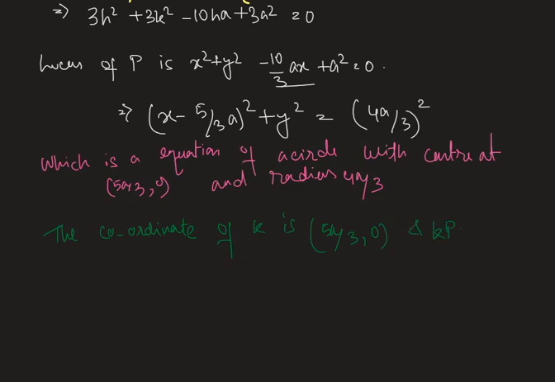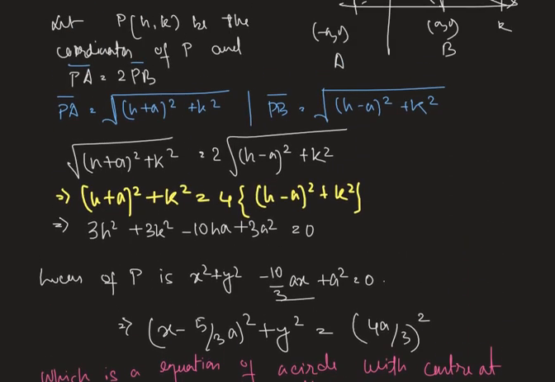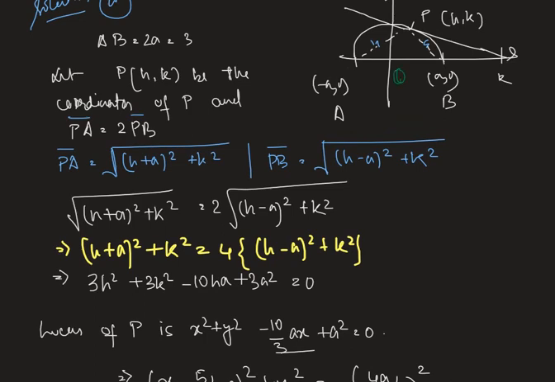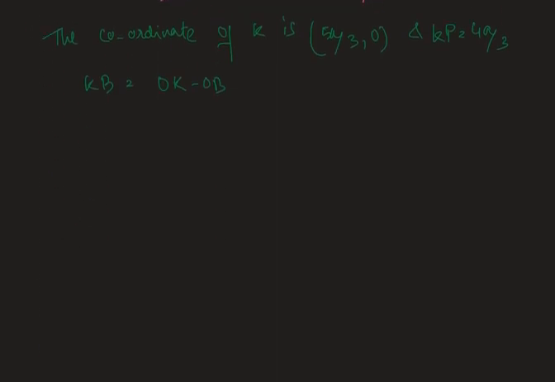Therefore the value of KP is equal to 4a by 3, which is the radius of the circle, and the value of KB is OK minus OB, if the origin is named as O. Here the value of OK is 5a by 3, as the coordinate of K is 5a by 3. Therefore the length from origin to K on the x-axis is 5a by 3, and the value of OB is a.